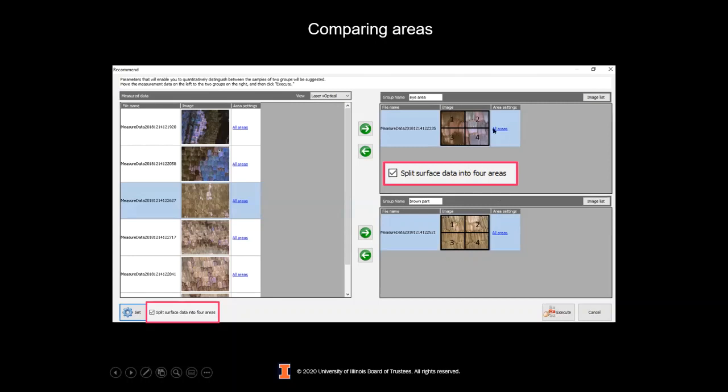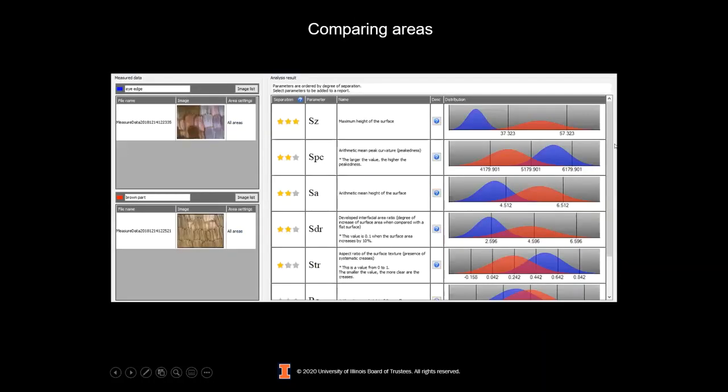That's so that any differences we calculate between this image and that image are not being overshadowed by the differences between, say, region 2, which is blue, and region 3, which is brown here. Then the software will calculate the roughness parameters for each of those quadrants and compare them between the two images and find out which is most significant.